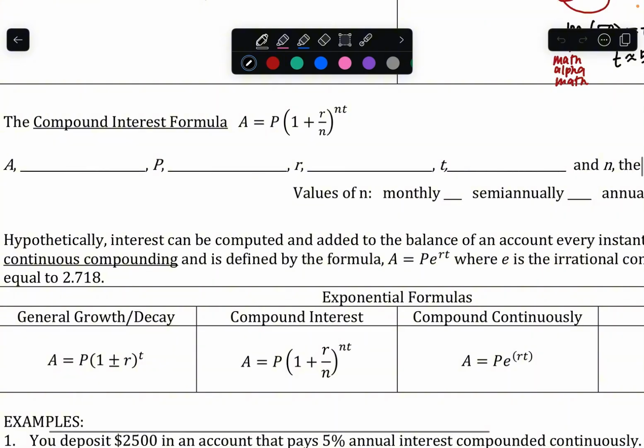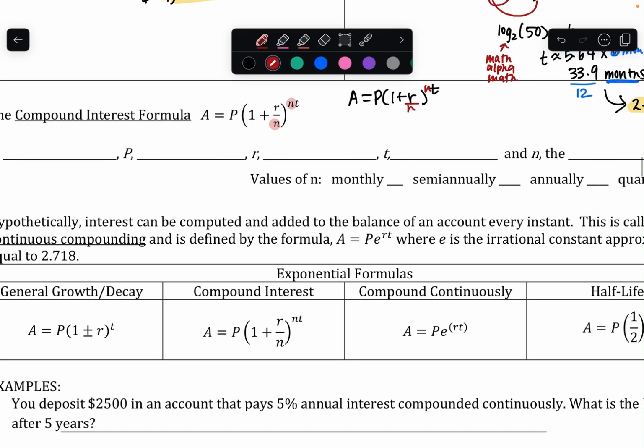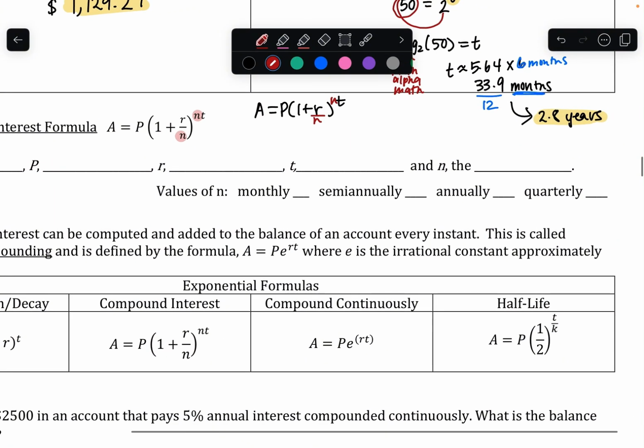It still looks like the formula we've been using, 1 plus r raised to the t, because it's going to grow. You just have to divide your interest rate by n and multiply your time by n. So you're noticing n showing up in 2 places in this formula, and n is just the number of compounds per year.